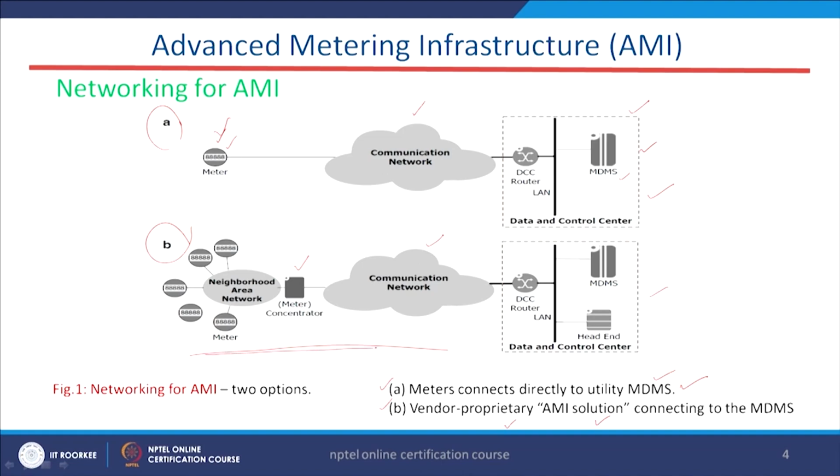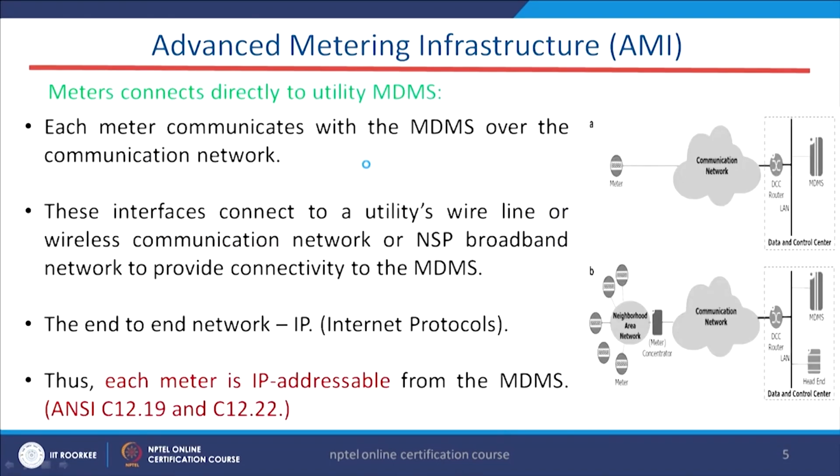This architecture, this configuration, is different from the earlier one, and we will talk more about all the components and what the functions of each component are. Now, the first one: meters connected directly to the MDMS system. What is the function here?